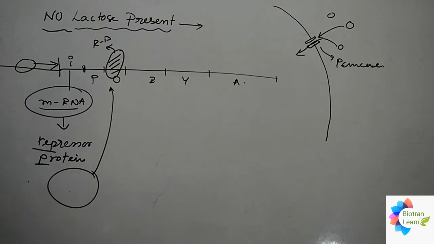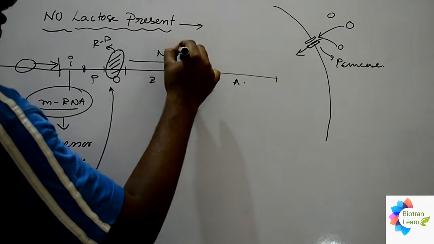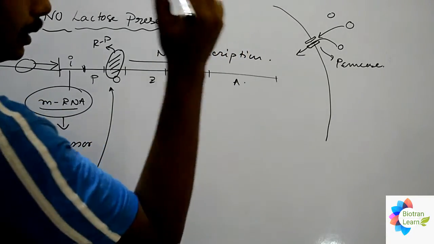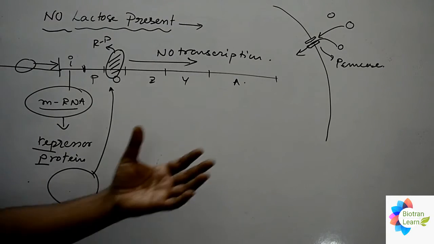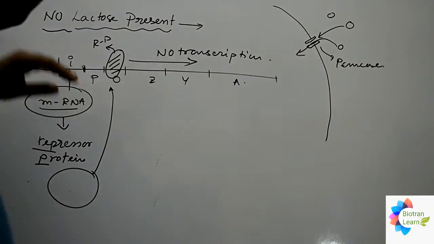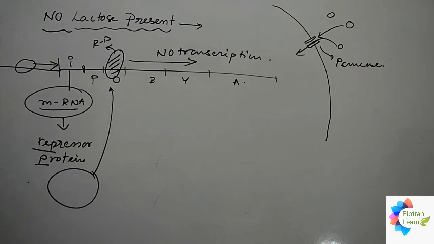And afterwards, no transcription will take place in this section. But what happens when lactose starts to enter the cell via the permease? Let's see what happens in this case.